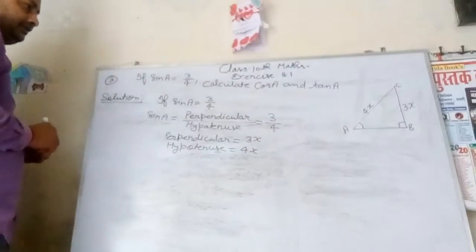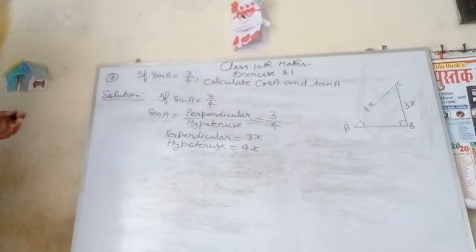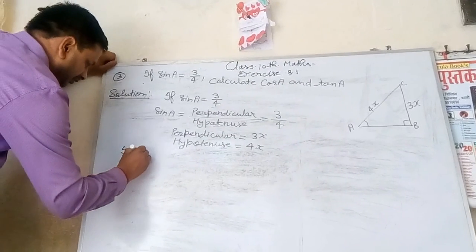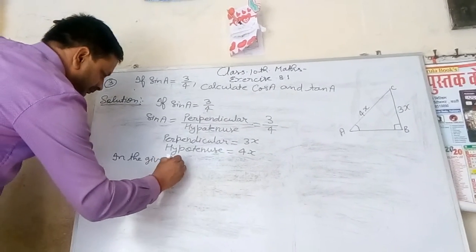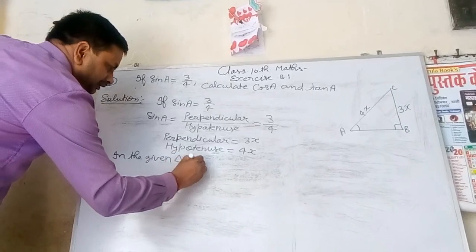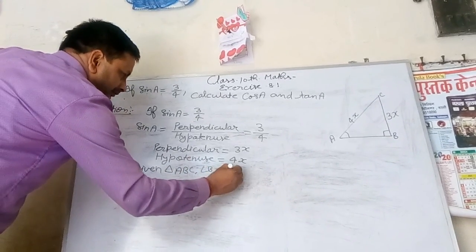So find out base AB. So in the given triangle ABC, angle B equal to 90 degree.